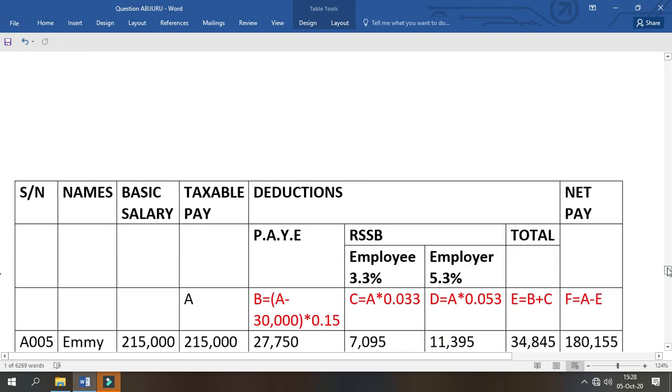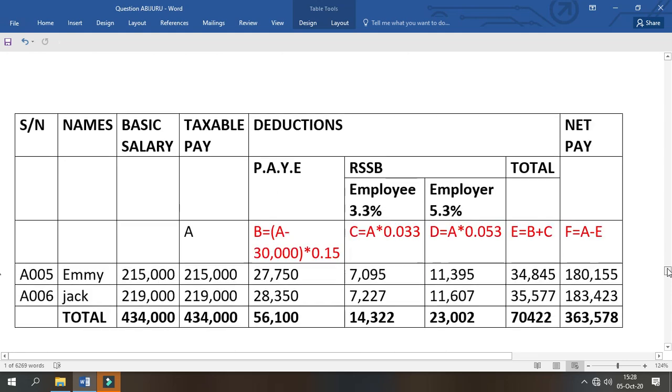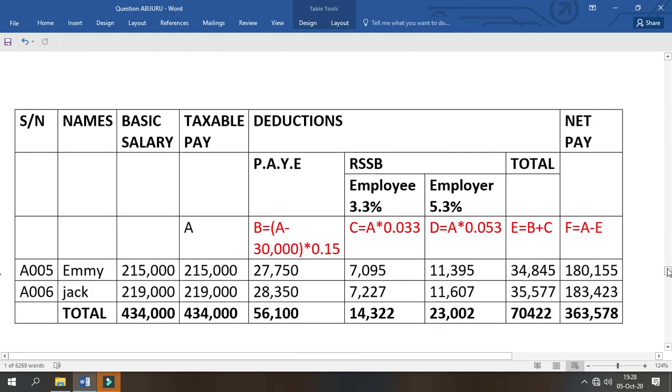As the question stated above, we have two casual laborers. These are their serial numbers. This is the payroll for the casual laborers, and these are their names. You have two casual laborers hired to solve technical issues: Amy and Jake.